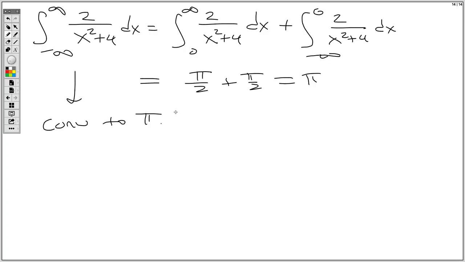So if you have infinite limits on both ends, you chop it up into two parts. You look at the part from 0 to infinity and the part from negative infinity to 0. If both of those parts converge, then the whole thing converges. Hopefully that makes sense.